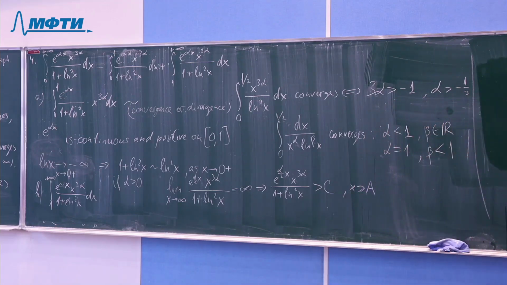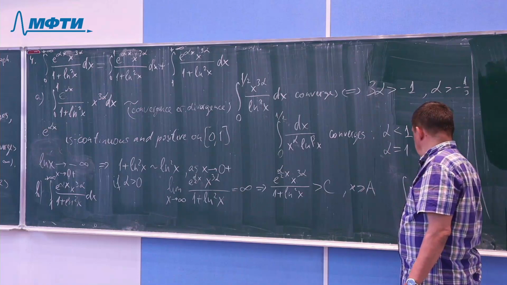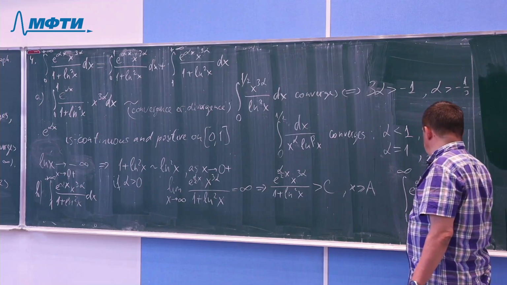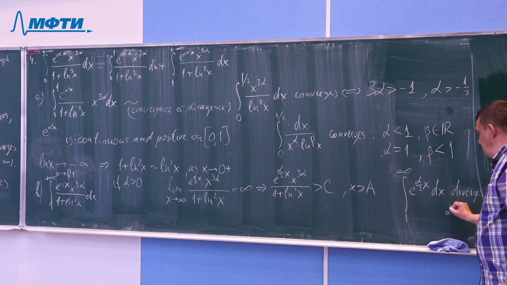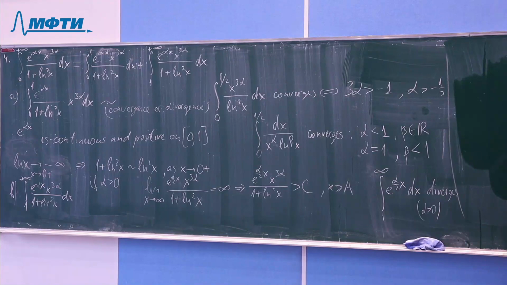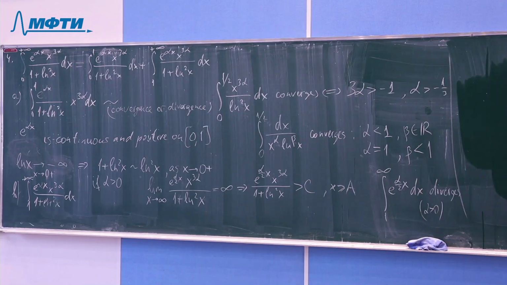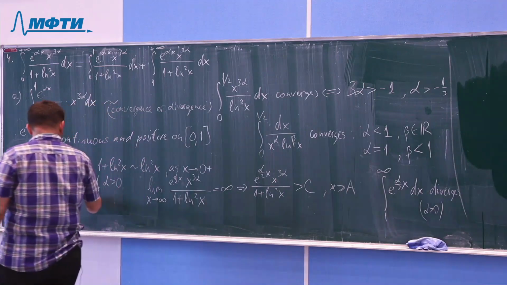But the integral of e to the power alpha over 2 x dx diverges for alpha positive, obviously, because this is an exponent; as you integrate, it tends to infinity. And by the comparison test, our integral diverges.